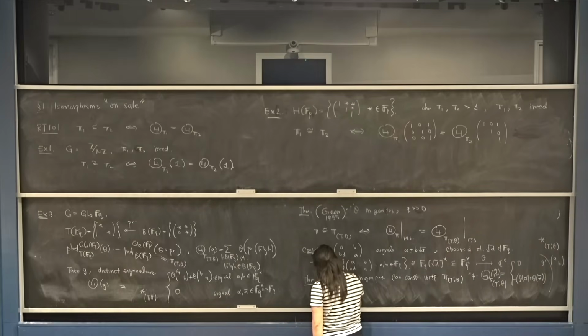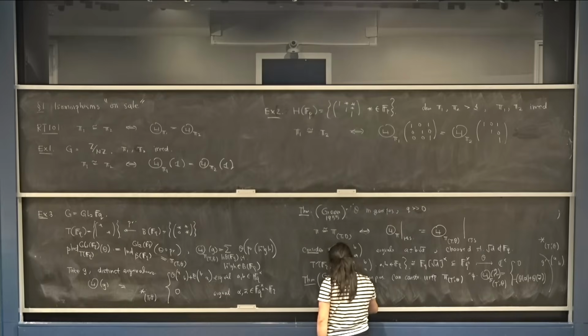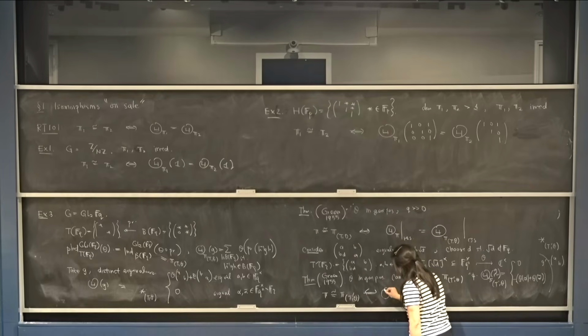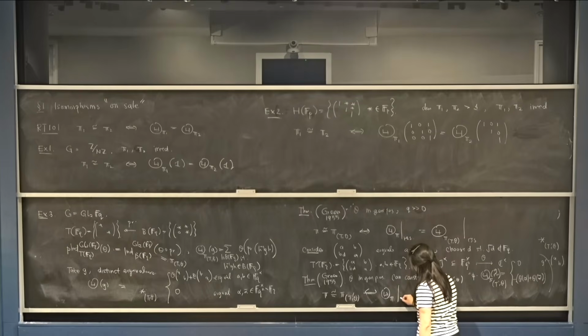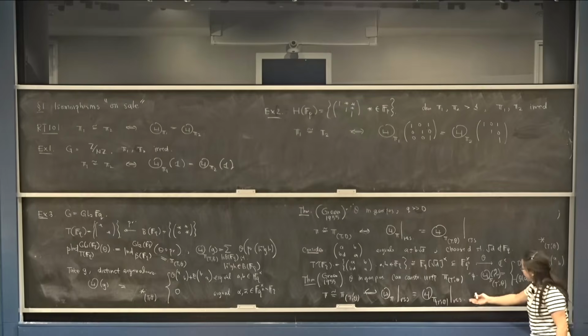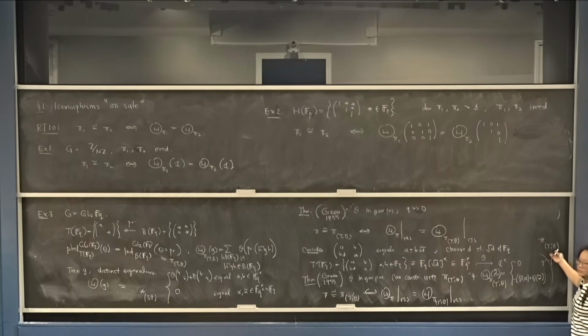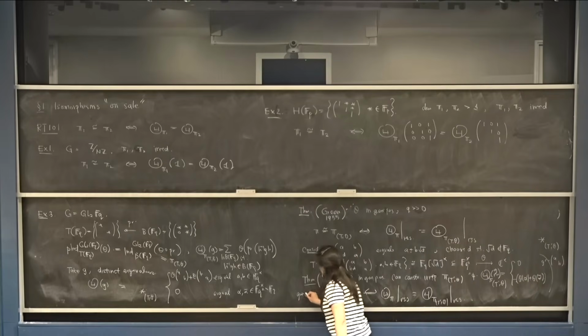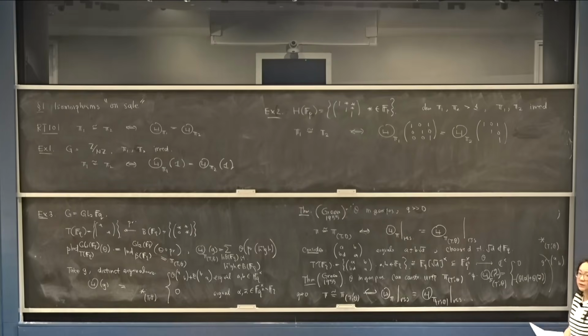And so the isomorphism-on-sale statement over here is that pi is isomorphic to pi t prime theta if and only if the character of pi on the regular semisimple locus is equal to that of pi t prime theta on the regular semisimple locus. And again, part of the worth here is that the formula is very easy. It's simply equal to this star t prime theta. Again, I need a largeness condition on q.